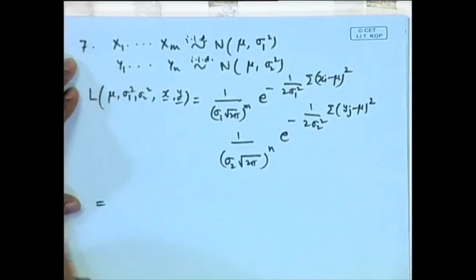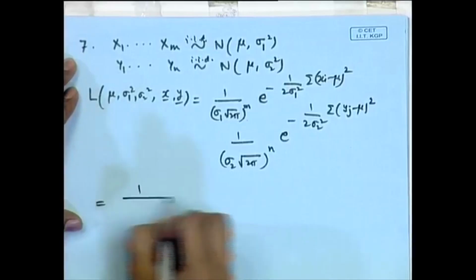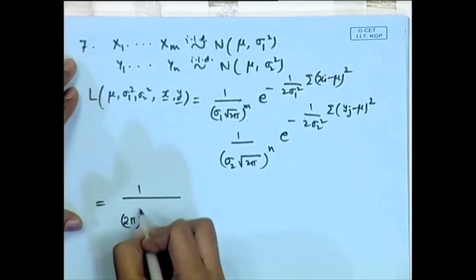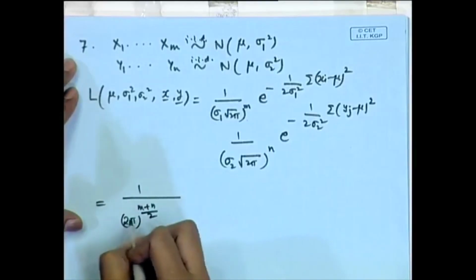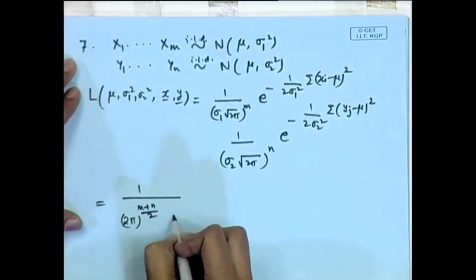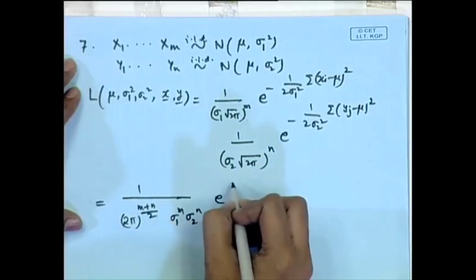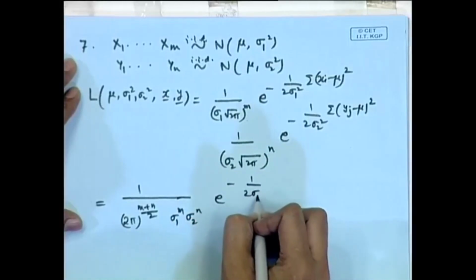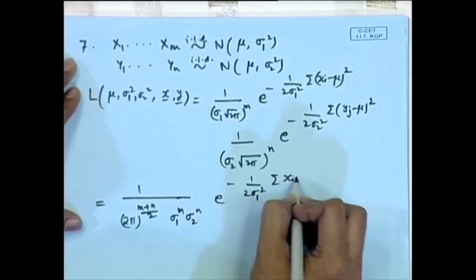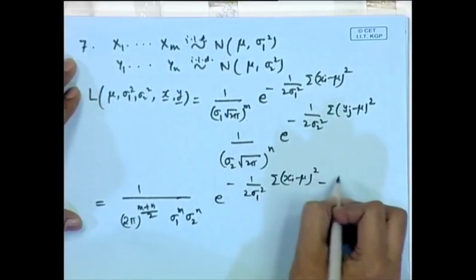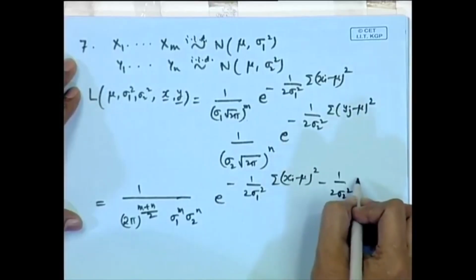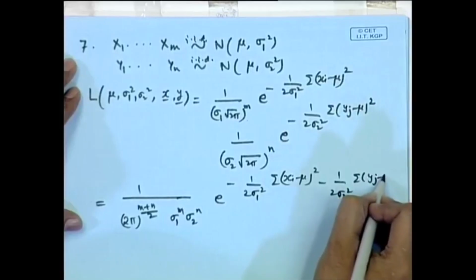So, the terms can be simplified: 1 by 2 pi to the power (m plus n) by 2, sigma 1 to the power m, sigma 2 to the power n, e to the power minus 1 by 2 sigma 1 square sigma (xi minus mu) square minus 1 by 2 sigma 2 square sigma (yj minus mu) square.